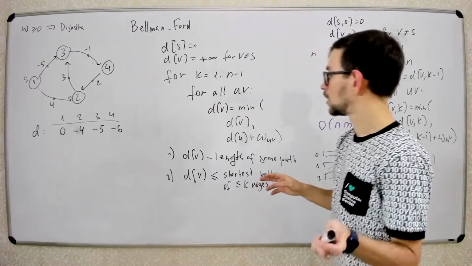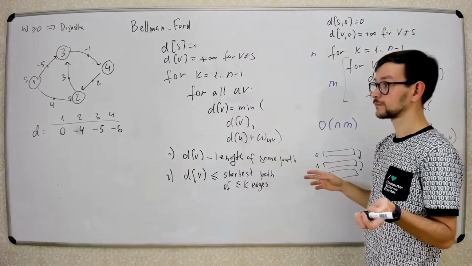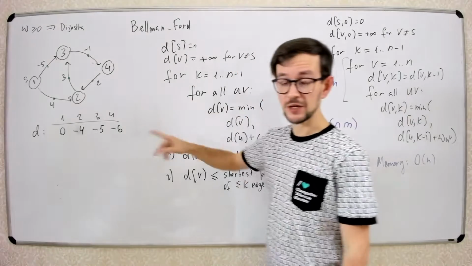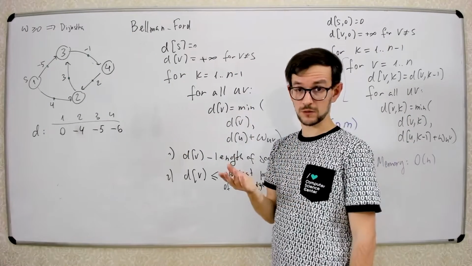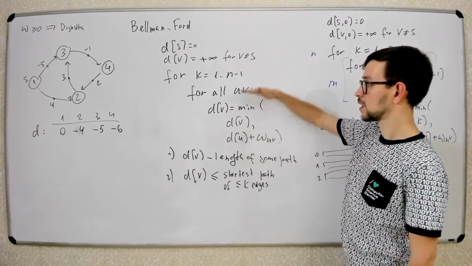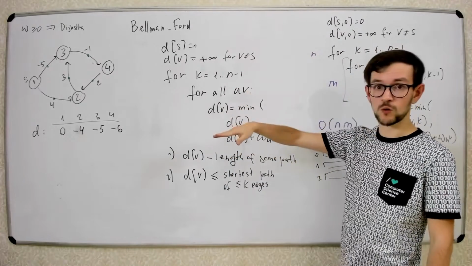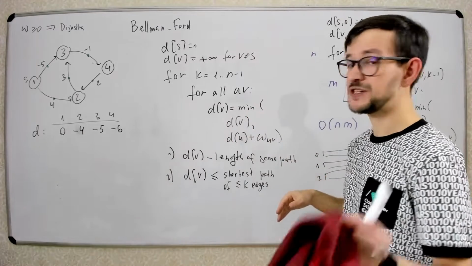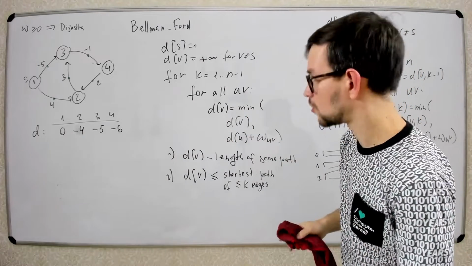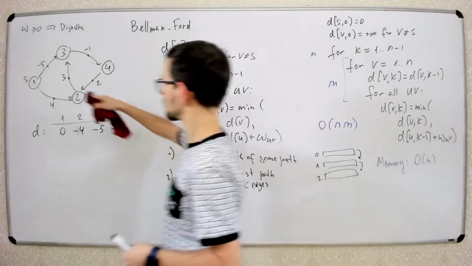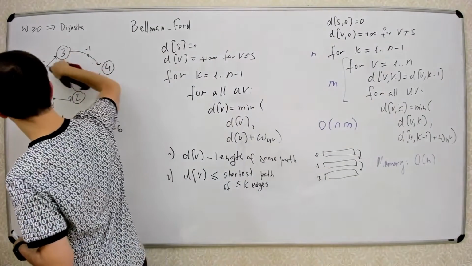Cool. Now, you see here, in this example, we were very lucky, because on the first iteration we found all the correct values of these distances.